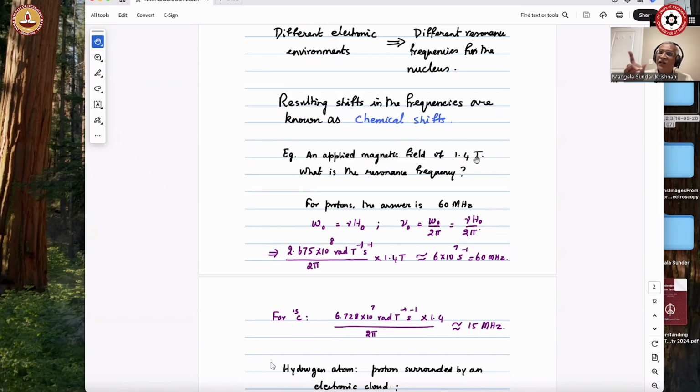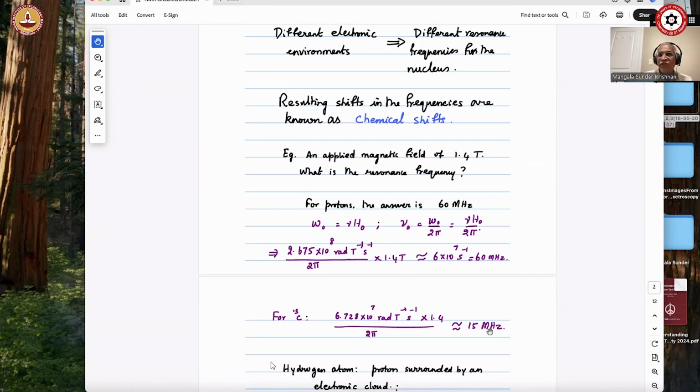But if you want carbon-13 to be absorbed at 60 megahertz, please remember, the magnetic field should be 4 times this. So instead of 1.4 Tesla, you must change the magnetic field to 5.6 Tesla. Then only carbon-13 will absorb at 60 megahertz.